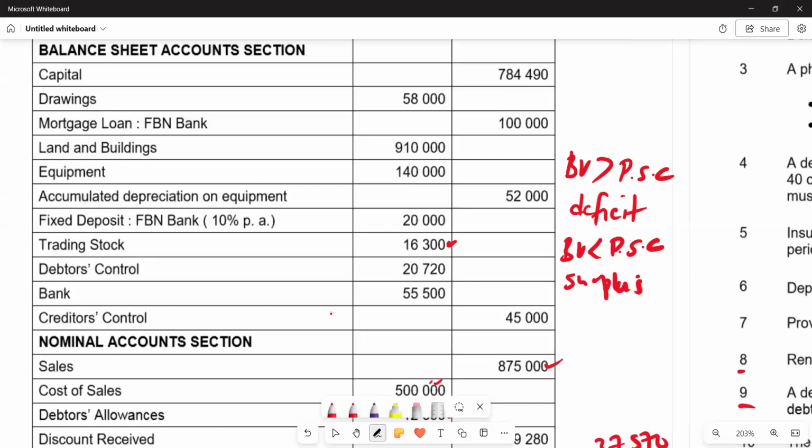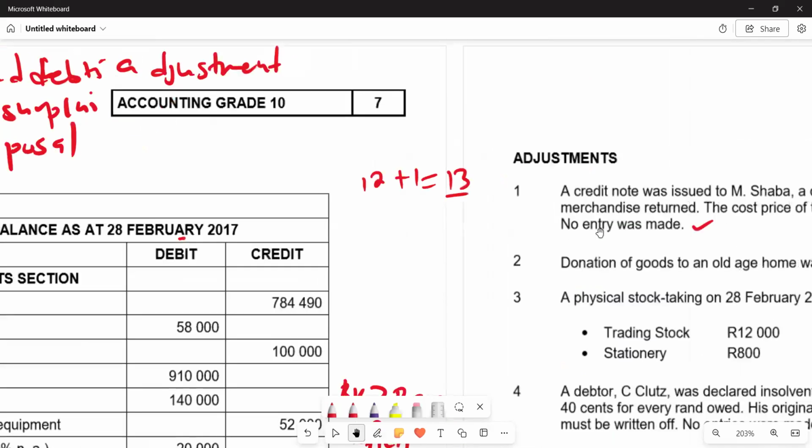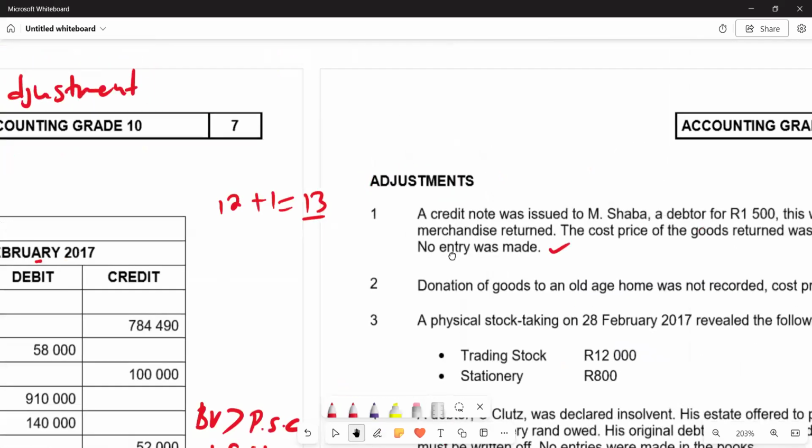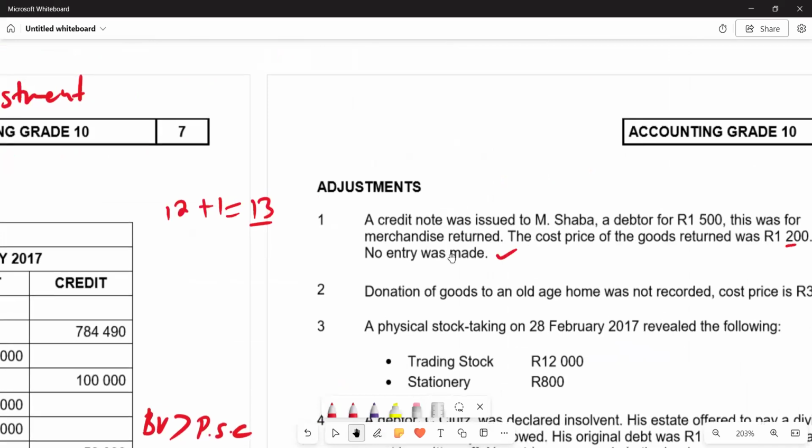So you got 16,300, and you go to additional information to see other adjustments that are affecting inventory. We have got a credit note of goods that were returned. So the figure that we are given in the trial balance for stock is 16,300. Then we have got goods that were returned with cost price of 1,200.